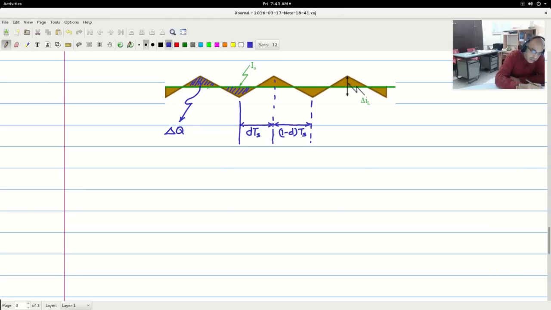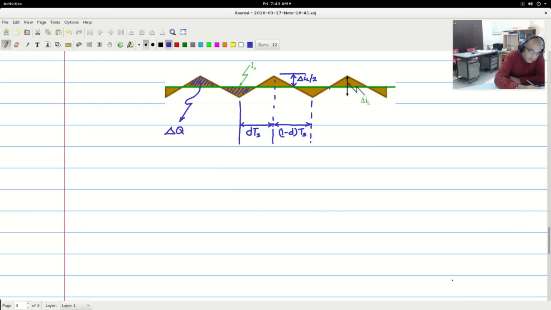However, if you consider the triangle, this upper triangle and the bottom inverted triangle are similar triangles, because you see that the total height is delta IL. Therefore, the height of this triangle is delta IL by 2.